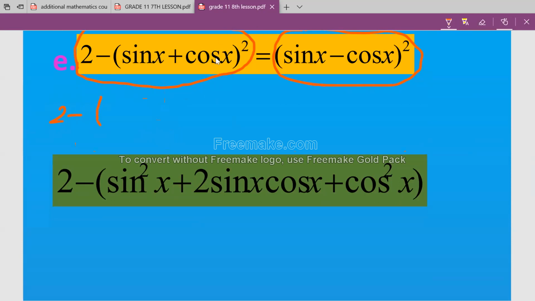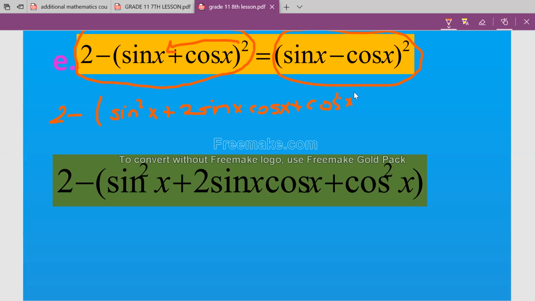When we get the square of that expression, how do we do quadratic expansions? First term squared is sine square x, plus 2 times the first term times the second term, cosine x, plus the second term squared, cosine square x.